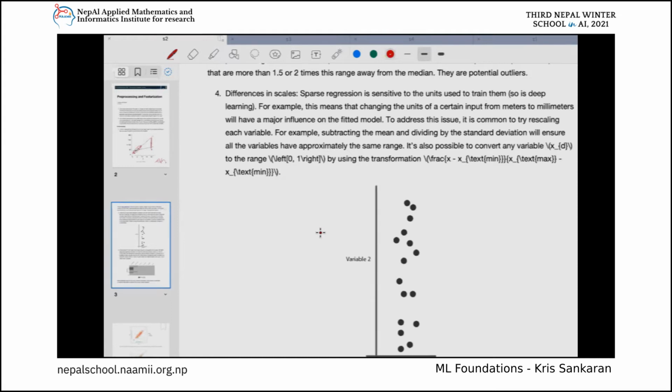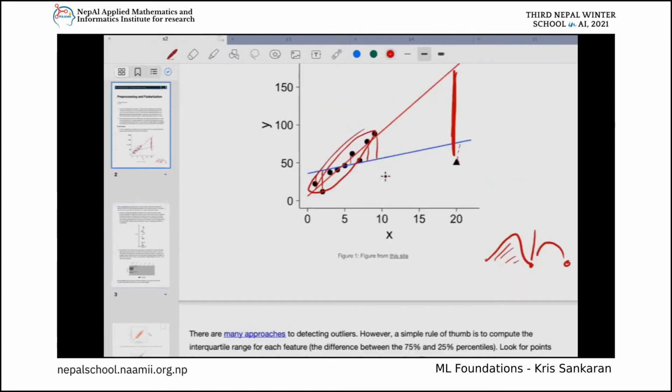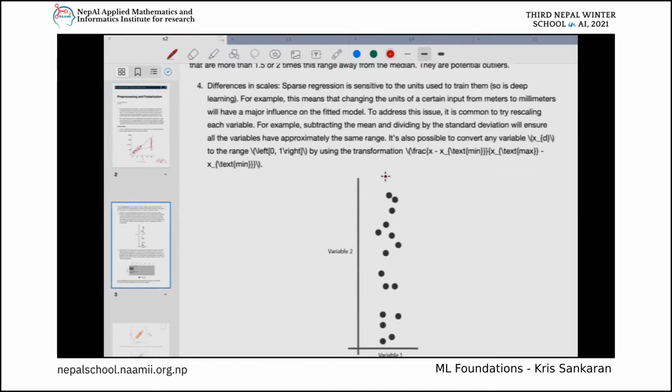So we had mentioned outliers a little bit as being a potential preprocessing issue. Another one of the issues I want to highlight is differences in the ranges, right? You would really like the methods that we use to be invariant to the units that we use to measure them.